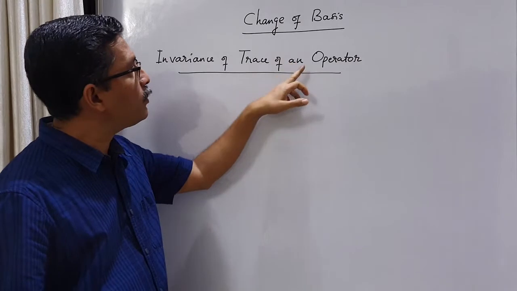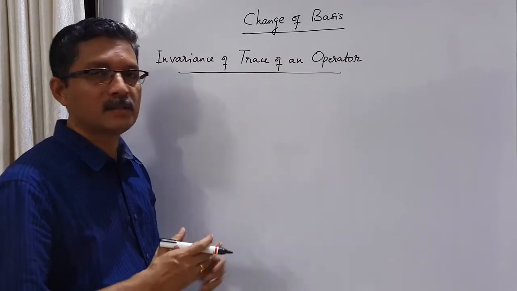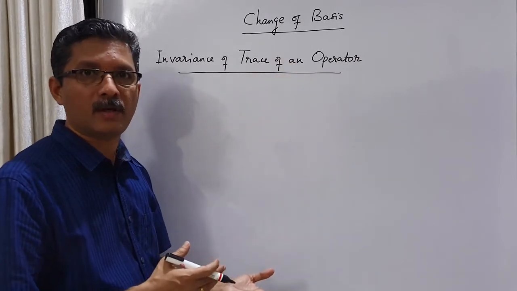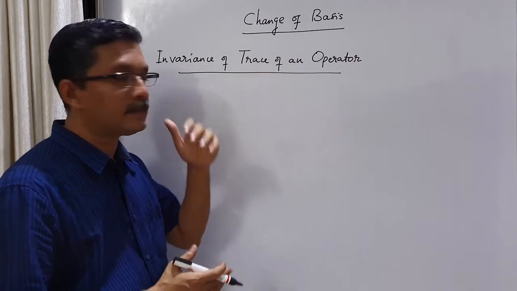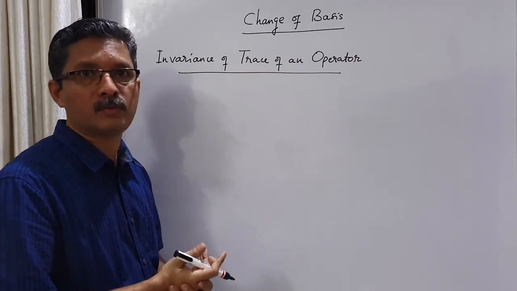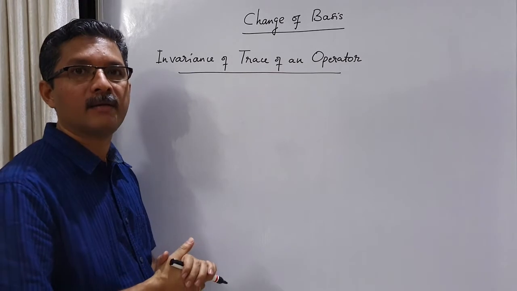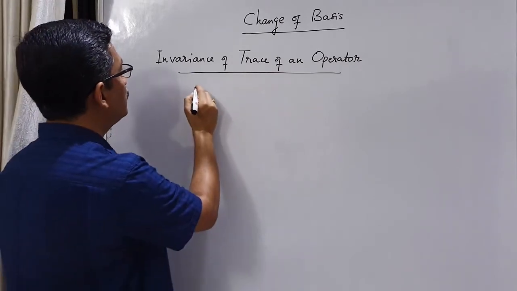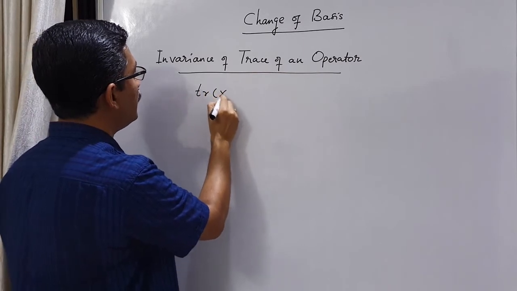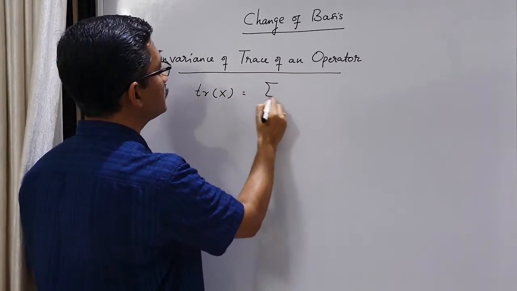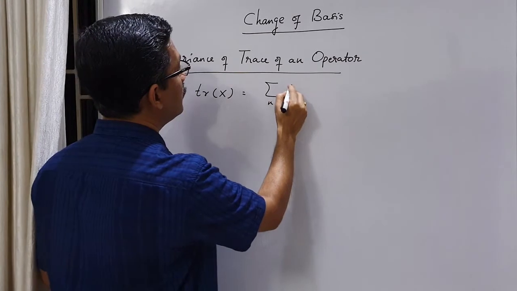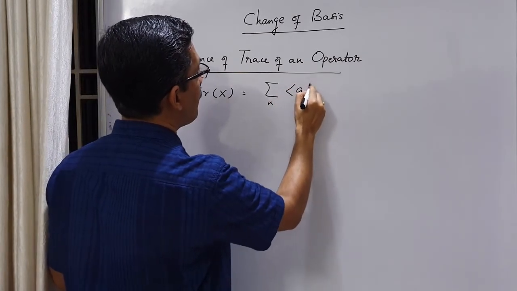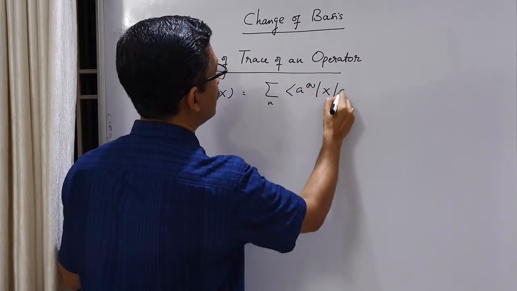Now, trace of an operator: an operator is represented by a square matrix. So trace of an operator is the same as trace of that square matrix, that is the sum of the diagonal elements of the matrix corresponding to this operator. We can say the trace of an operator X is the sum over n of <a_n|X|a_n>.